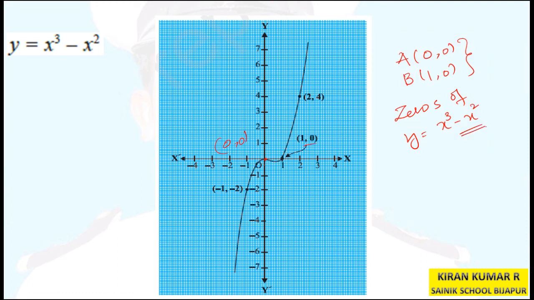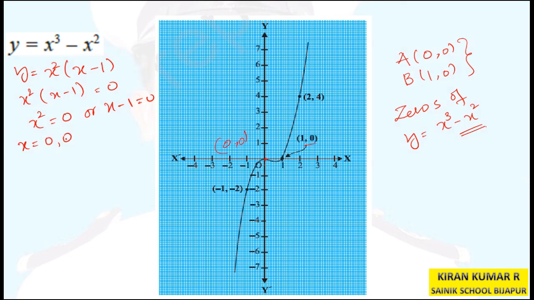What does that mean? If you solve this equation, we take x squared common and get x minus 1. By equating it to 0, we get x square equal to 0 or x minus 1 equal to 0. So the x values are 0, 0 and 1. So there are 3 zeros, but two values are the same.